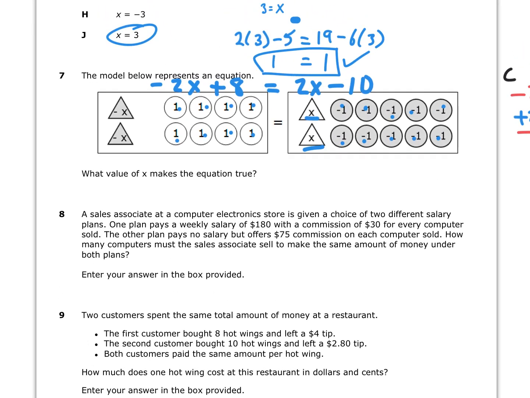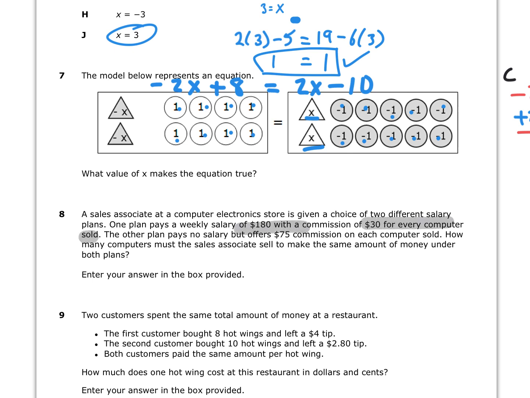Okay, number 8. A sales associate at a computer electronics store is given a choice of 2 different salary plans. One plan pays a weekly salary of $180 with a commission of $30 for every computer sold.